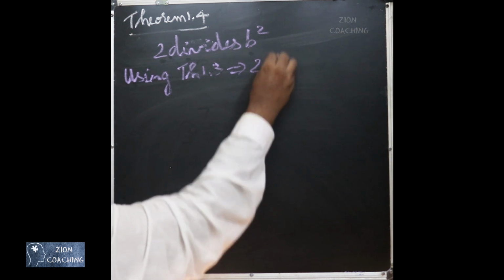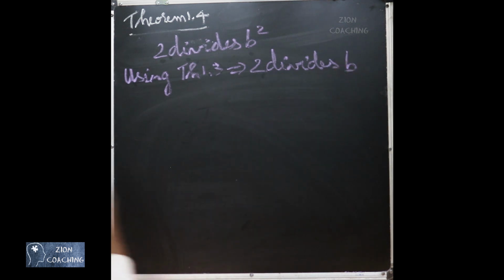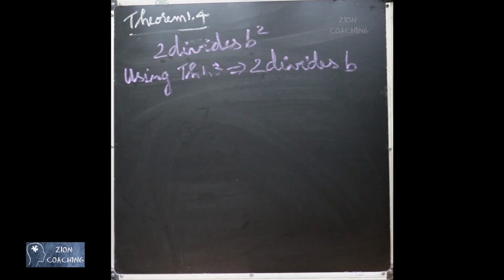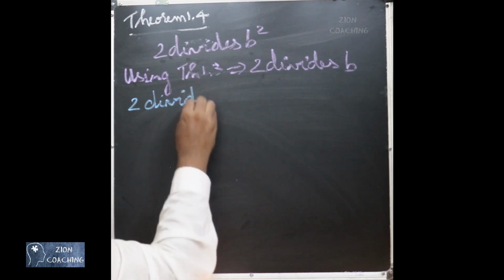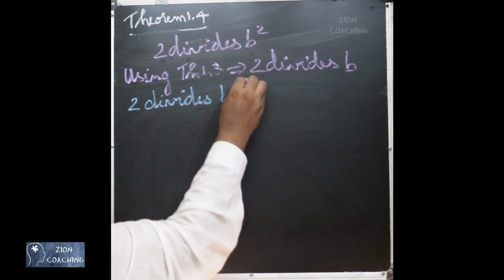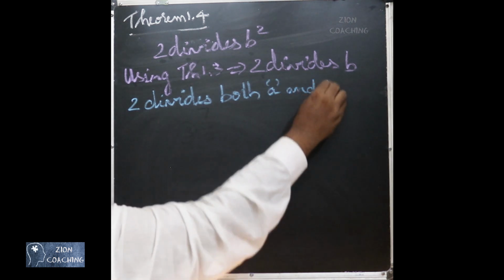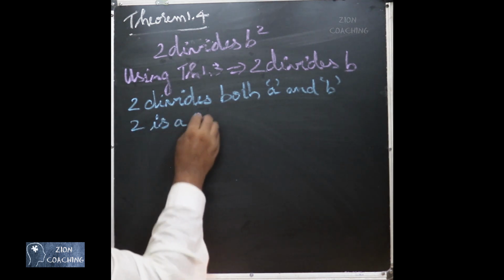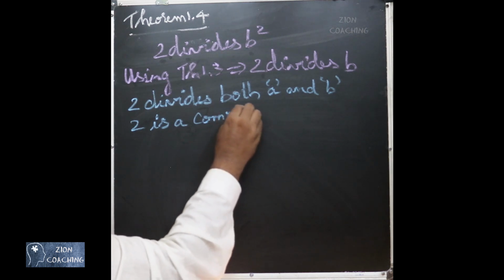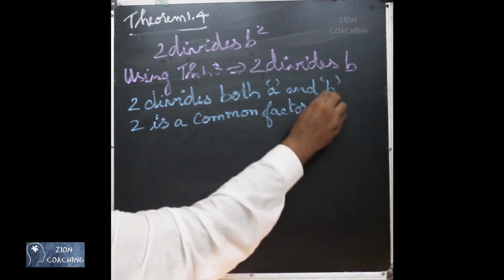So 2 divides b. Already we have shown that 2 divides a. Now we have shown that 2 divides b. So 2 divides both a and b. That is, 2 is a common factor of a and b.